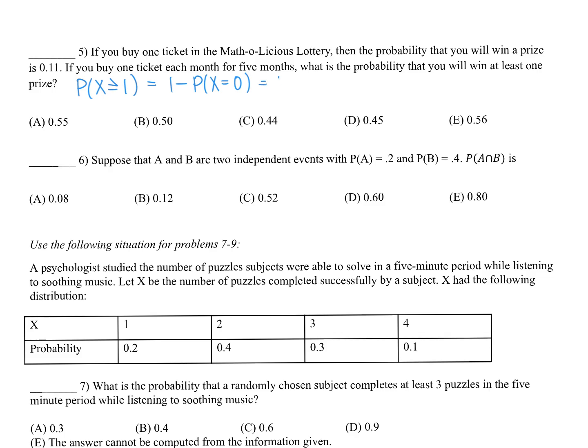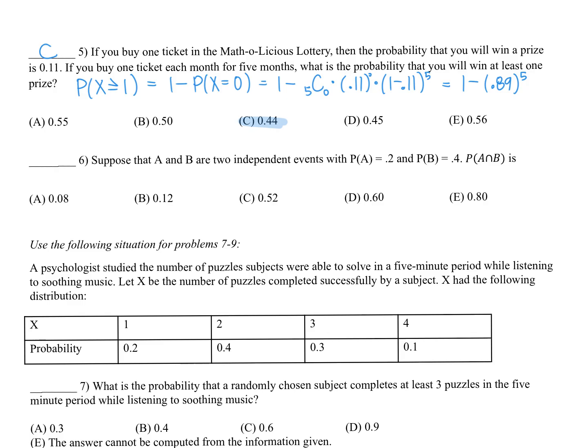So if I do the binomial distribution for the probability that x is 0, that would be 5 choose 0 times 0.11 to the 0, and then times 1 minus 0.11 to the 5th. 5 choose 0 is 1, and 0.11 to the 0 is also 1. So it just becomes 1 minus 0.89 to the 5th, which is 0.44.